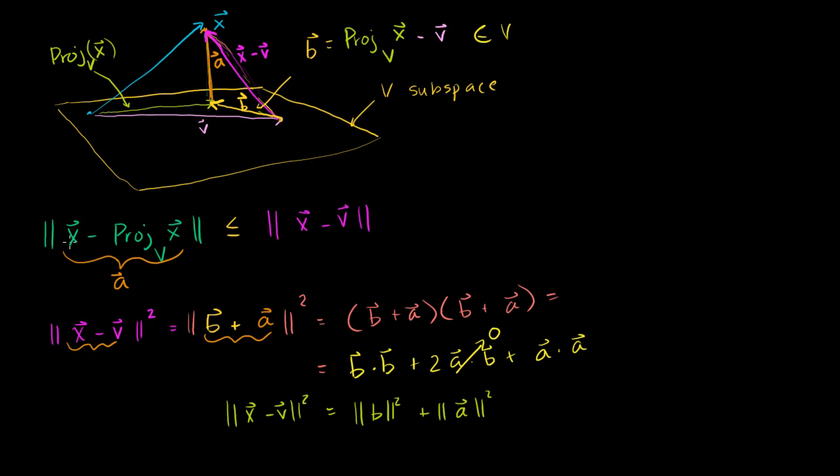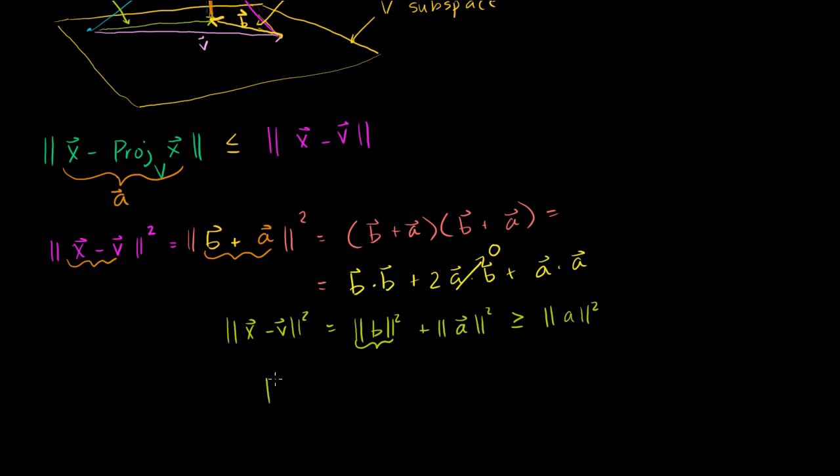Now, the length of b squared is going to be at least 0 or positive. So this is definitely going to be greater than or equal to a squared.